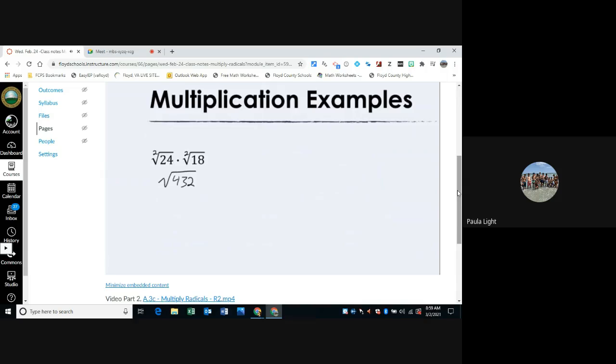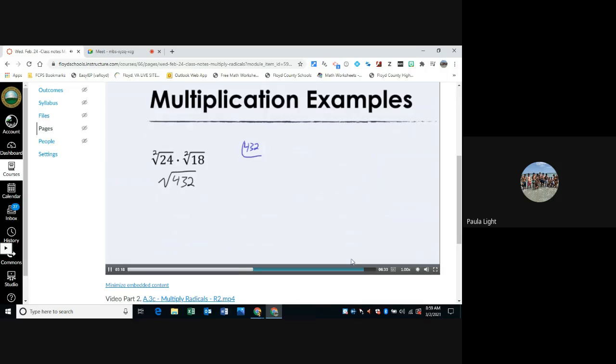Now, granted, that's a much larger number to prime factorize and break down, but we only have to do it once, as opposed to, let's break down 24, let's break down 18, let's multiply, let's break it down again. Don't break it down till the end. It doesn't matter which way you do it, but I'm going to stick with simplifying once if we can pull it off.